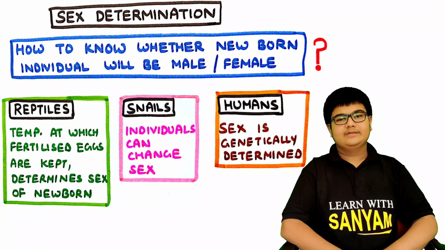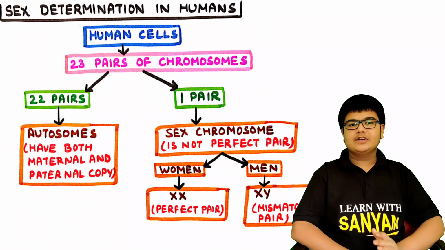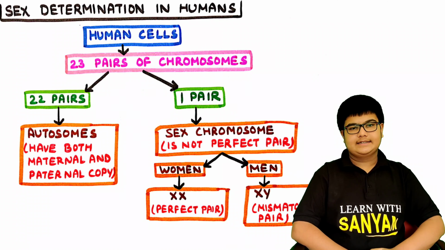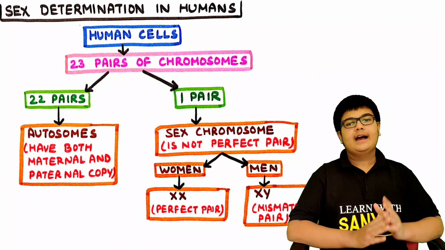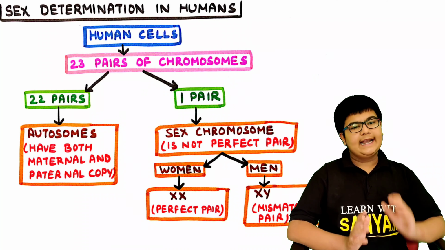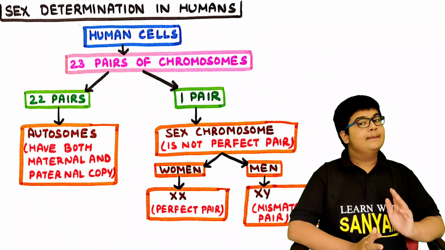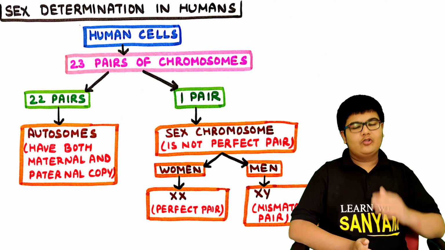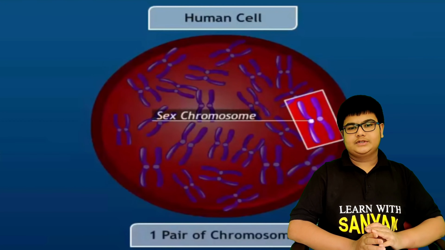Let's find it out. So basically, all humans have 23 pairs of chromosomes in their cells. Out of these 23 pairs, 22 pairs are called autosomes, and they have both maternal and paternal copies. But one pair out of these 23 pairs of chromosomes is known as the sex chromosomes.